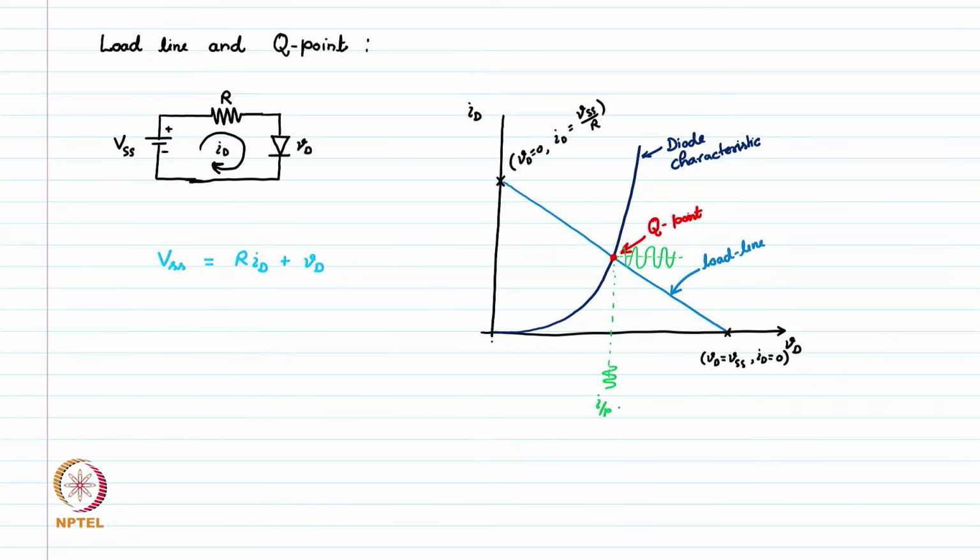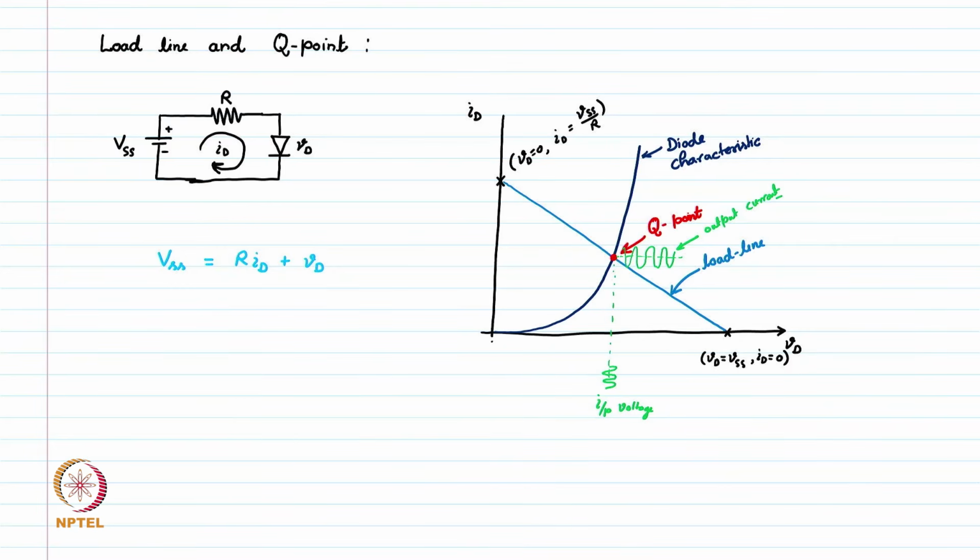This is the input voltage and this is what we get, the output current. So this is how we can use this circuit as an amplifier as well. We apply a change in the voltage and we generate a change in the current, and this Q point is now going to shake because of this applied voltage.